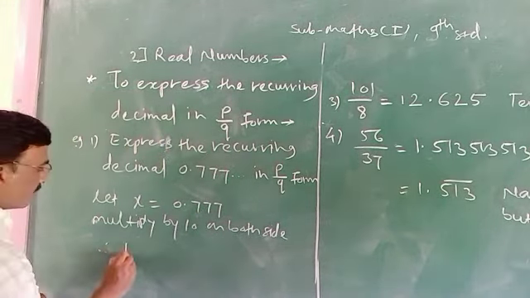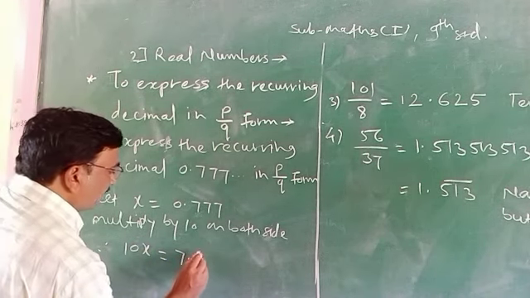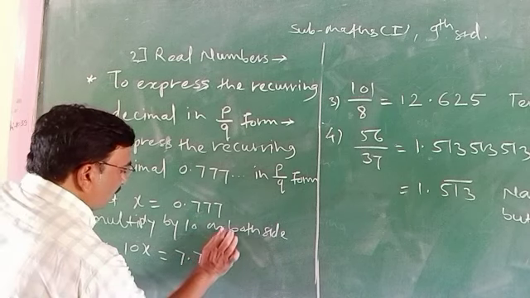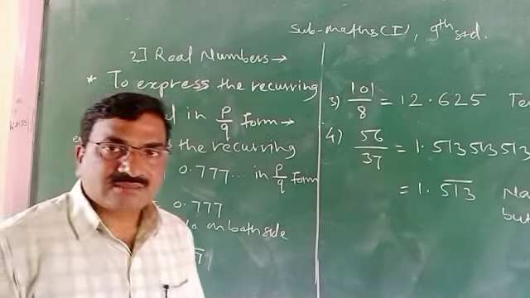Therefore 10x is equal to 7.77 bar 7, that is 7.7 recurring.